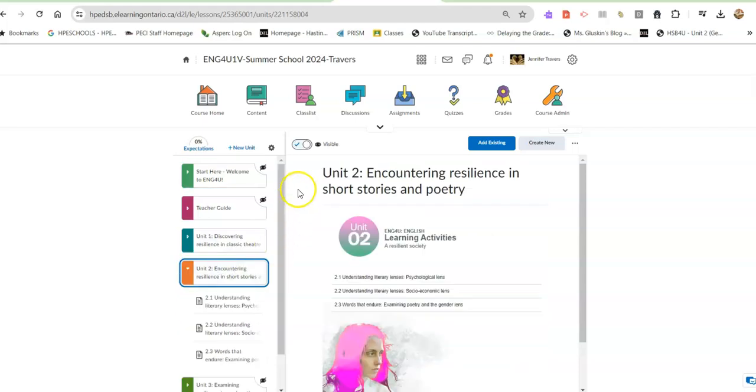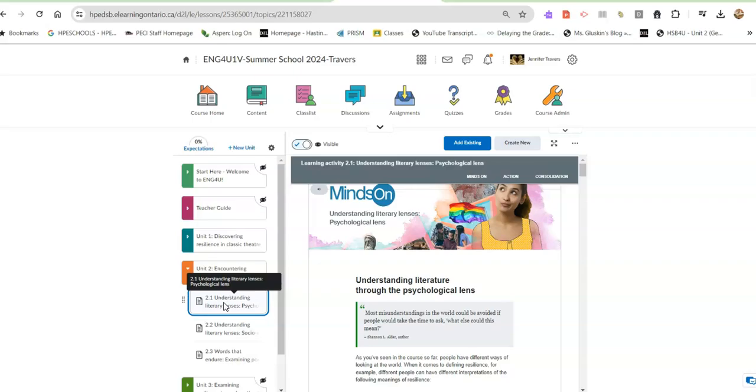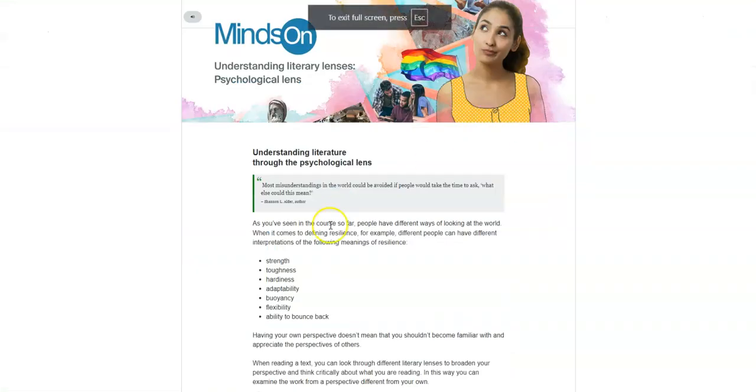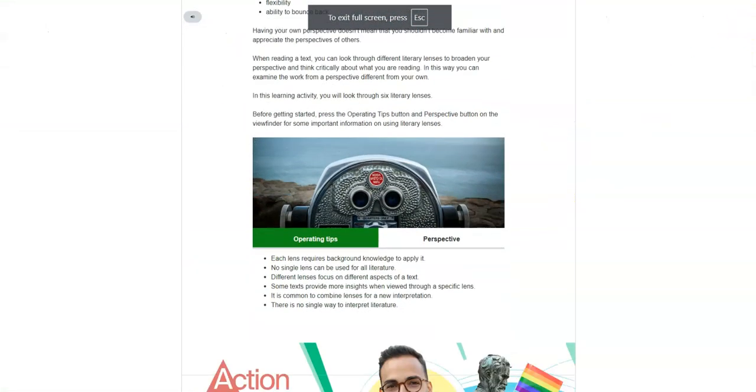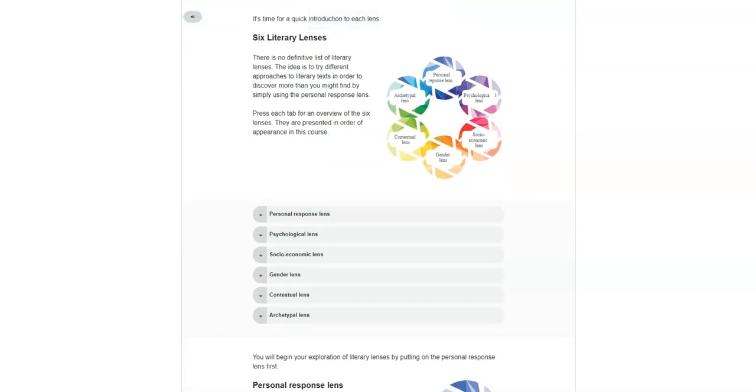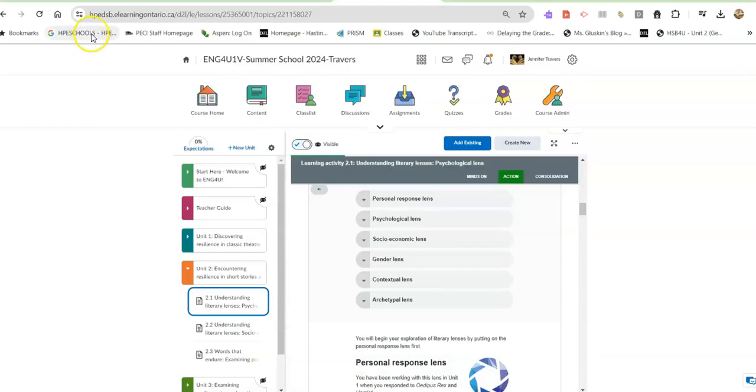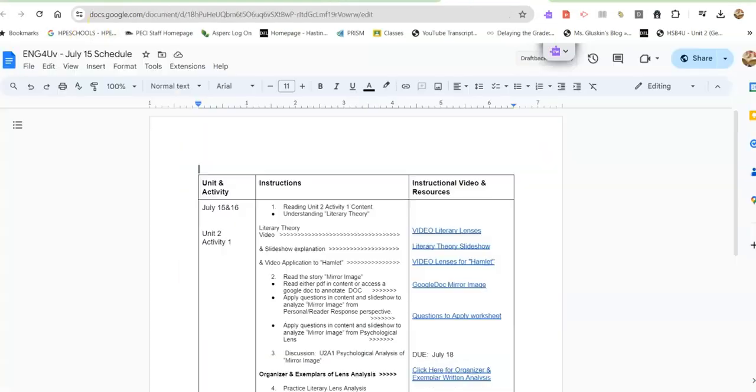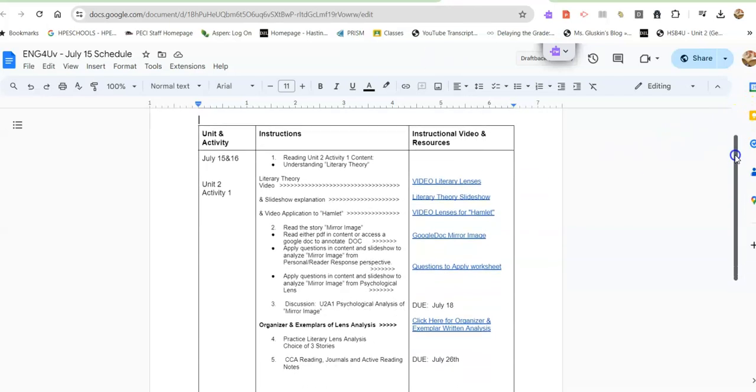So in Unit 2, Activity 1, you're going to be taken through a lot of information about literary lenses. And this is important information. In the agenda on content, there's a lot more information in there. Here is the agenda for the next couple of days.